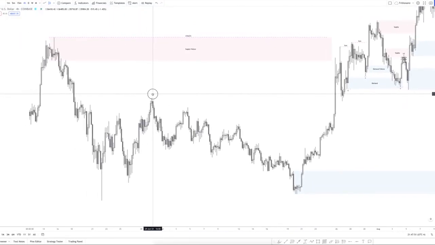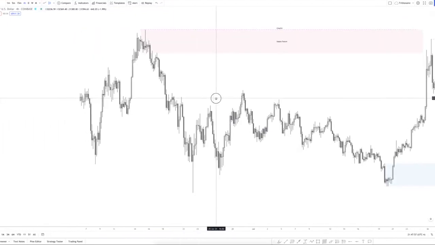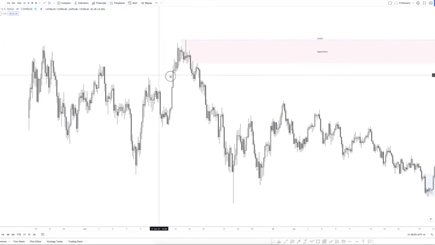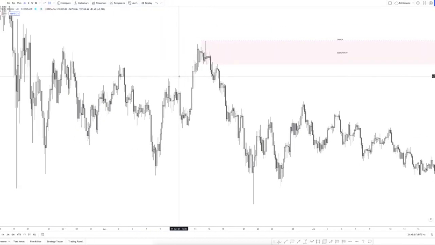Let's see. Let's find some other levels of inducement. I want to see price react to a major level of inducement. This wasn't a bad one here, but we really didn't tap into this order block here.